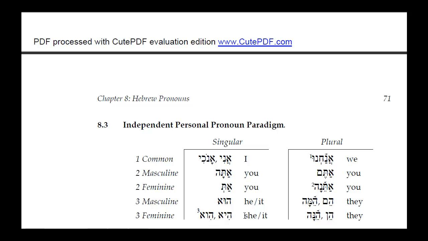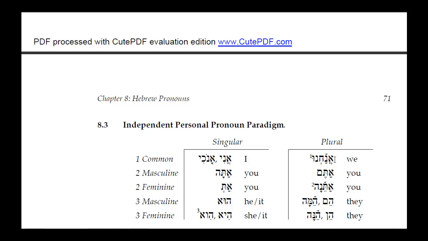In the third feminine singular, you have two forms, an alternate form. You have hi, the major one, with a hey, a hiriq yod, and an aleph. And then we have hi as an alternate form, a hey, a hiriq, and a vav, and an aleph. They both mean the same thing. They're just two different forms of the same personal pronoun.